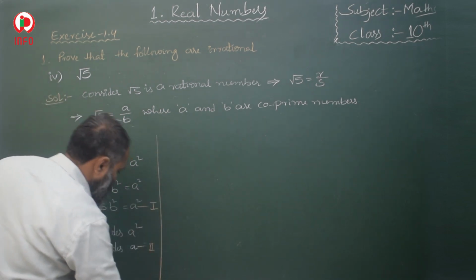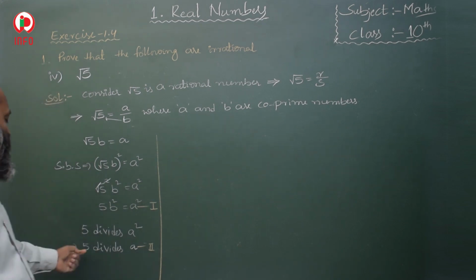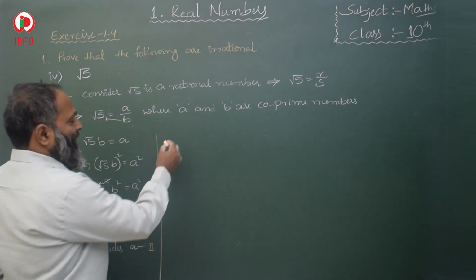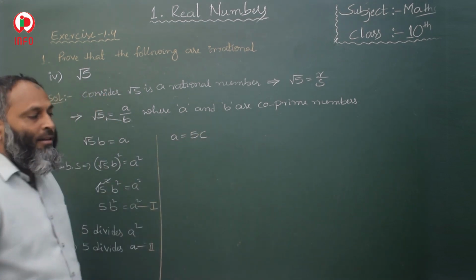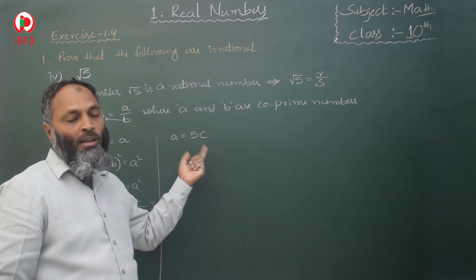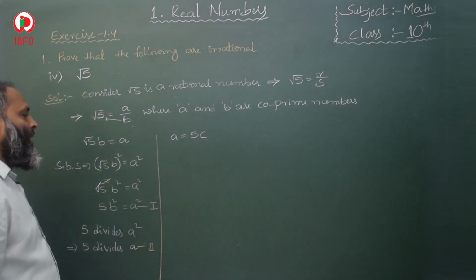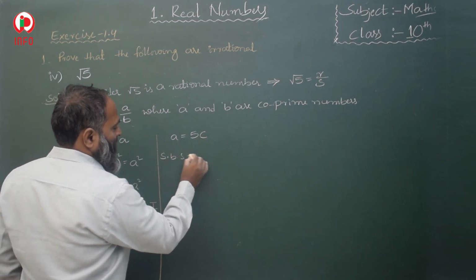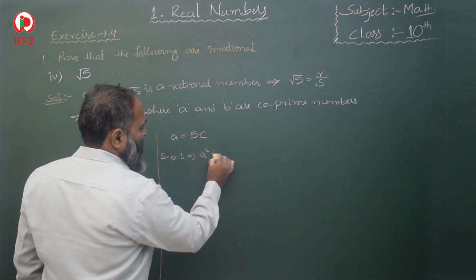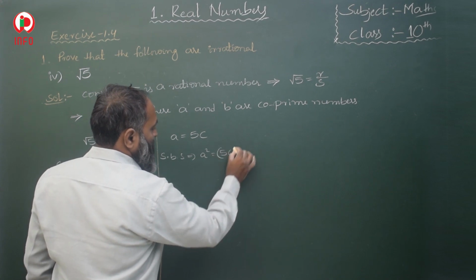Then 5 divides a, so a is equal to 5c. Again squaring on both sides, a square is equal to 5c whole square.